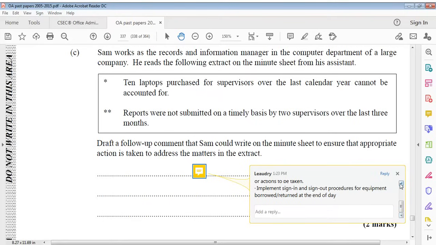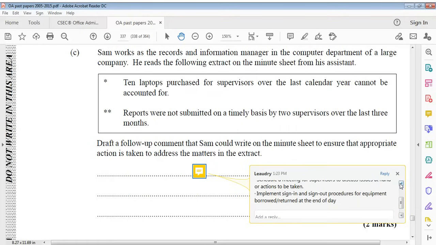So all of those could be a follow-up comment that Sam could write on the minute sheet to ensure that appropriate action is taken to address those matters that we read earlier.